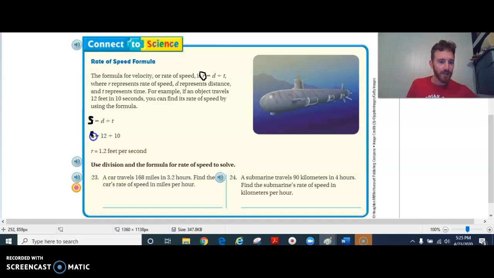So for these ones, think about how we can take the distance, divide it by the time. So here we've got a distance of 168 miles, a time of 3 2/10 hours, divide that by that. Another one, 90 kilometers in 4 hours, distance divided by time, and that'll get you that again. And you'll see how we're doing a little bit of science work in math, and a little math work in science, and that's all good, okay?